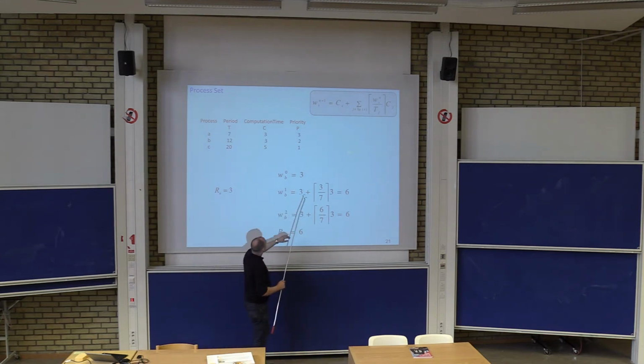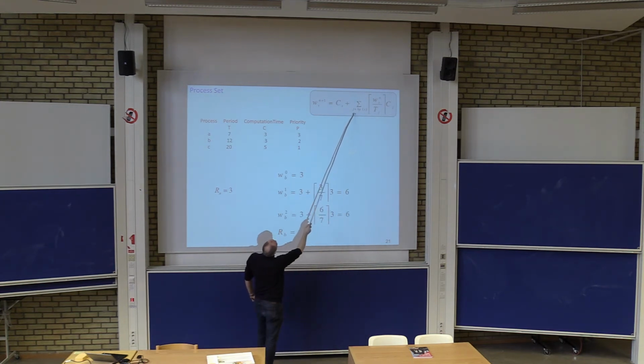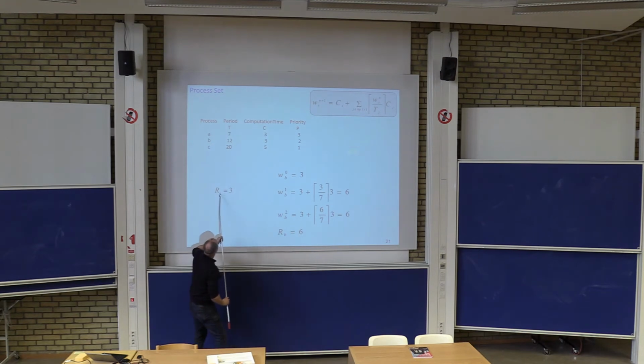So we initialize it, and then we run through this formula. Here HP(i) will be the set of processes with higher priority than task I. So I is in this case B, so it's only process A that has higher priority.